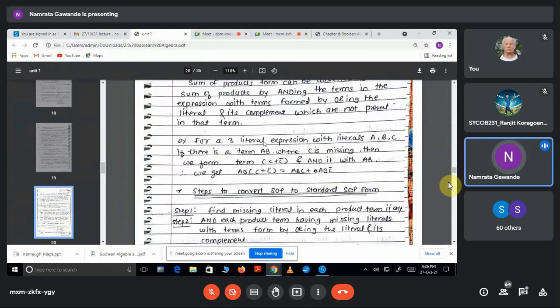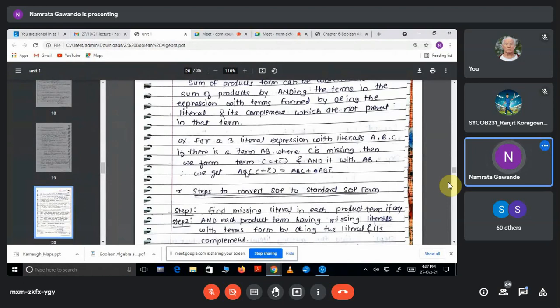Now for a three literal expression with literals A, B, C, if there is a term AB, and C is missing, then we form the term. If C is missing, only the expression contains AB. So what you will do? C plus C bar, and AND it with AB.